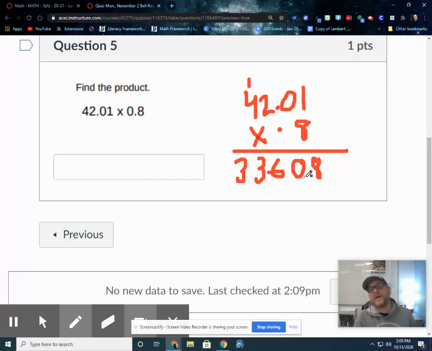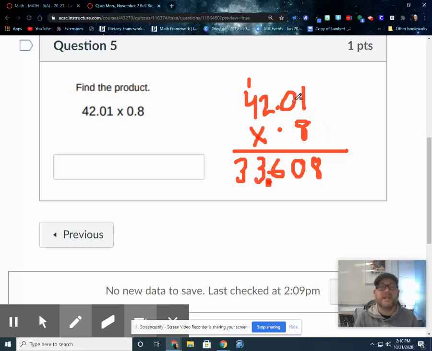So it looks like 33,608, but that's way too big, because this is 42 times something a little less than 1. So we should have a slightly smaller number. So what we're going to do is figure out where our decimal point goes. Now, I know if 42 would be my correct answer, my decimal point should go right here between my 3 and my 6.